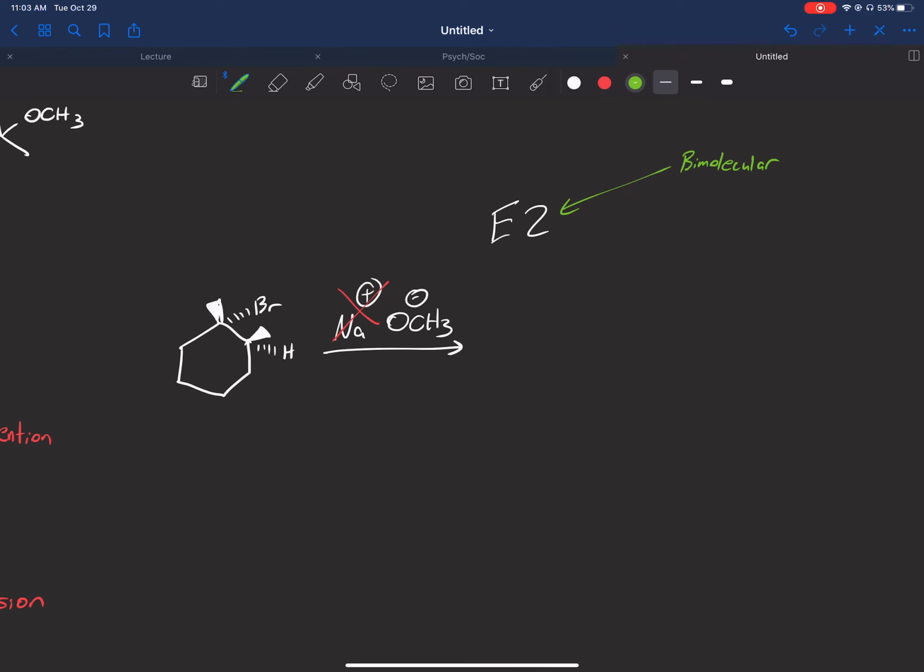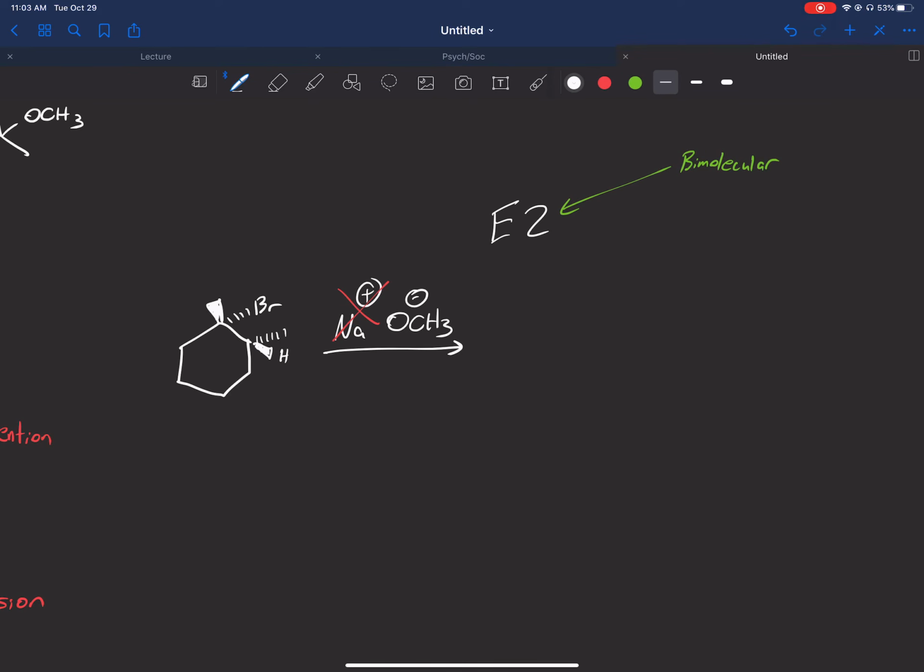Now I'm actually going to slightly change this compound around. Instead, I'm going to make the methyl dashed and the hydrogen wedged. Okay, so now we know that's going to happen in 1 step. So we have to show the OCH3 minus grabbing a hydrogen.